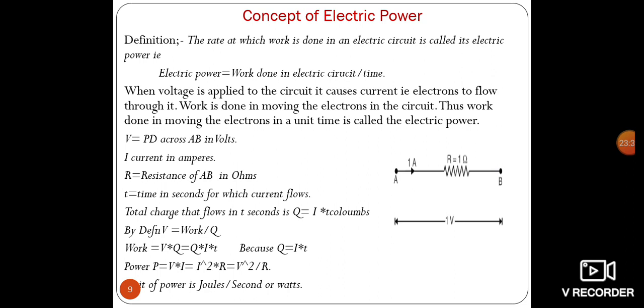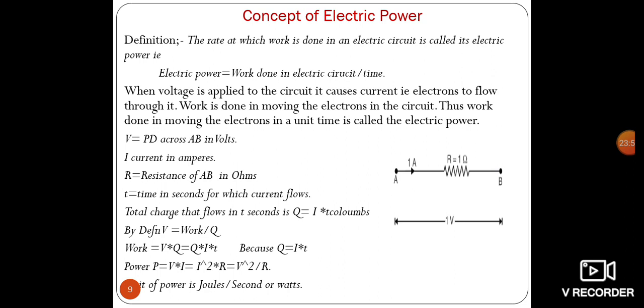So total charge that is flowing through in the form of current in T seconds is Q equal to I into T. By definition, work equal to V into Q. Work equal to V times Q equal to V times I times T, because Q equal to I times T. What is Q? That is the charge, in coulombs.